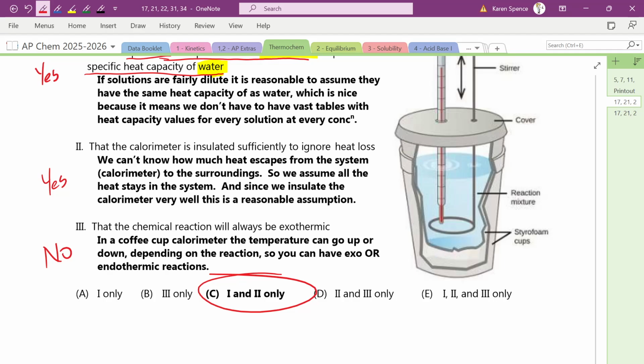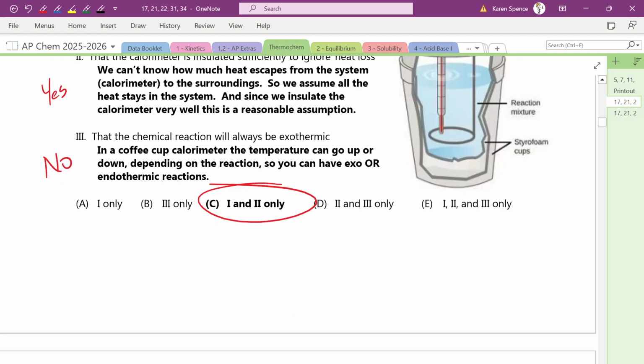Sometimes, if you weren't just mixing two solutions, you could have just something dissolving. So you could add a solid in there and stir it, right? And sometimes when you dissolve things, that's exothermic. Sometimes when you dissolve things, it's endothermic. So we don't make that assumption.